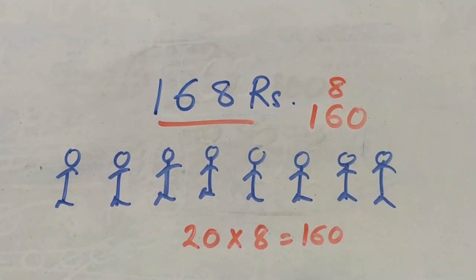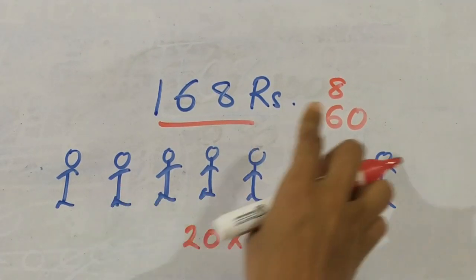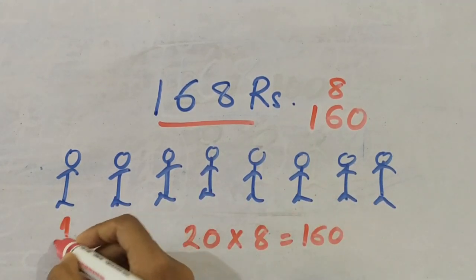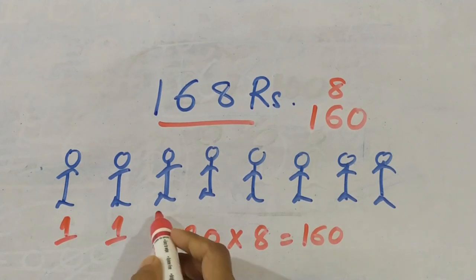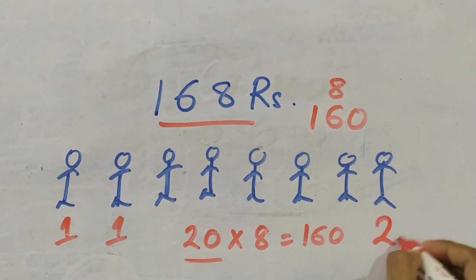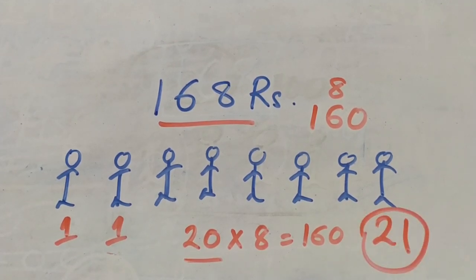How will we divide this 8 rupees among these 8 children? Each one will get 1 more rupee. So 20 plus 1, 21 rupees for each child.